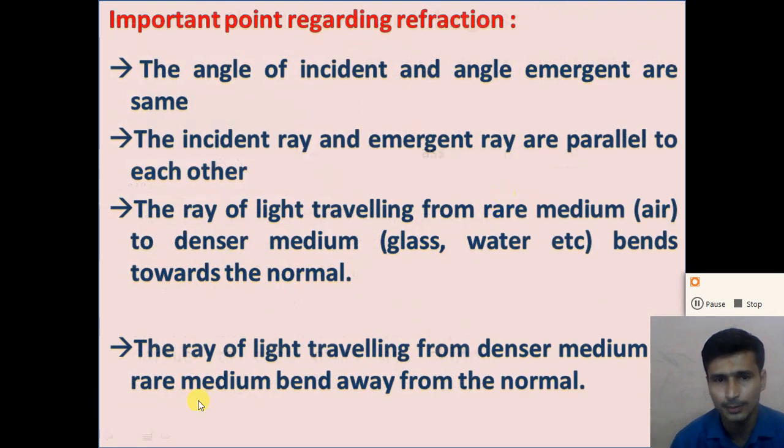And another point is that when the ray of light travels from the dense medium like glass, water, to the air medium, the rare medium, right, the ray of light bends away from the normal. Understand these two points. These two points are very important for refraction. When the ray of light travels from rare medium to dense medium, it bends towards the normal, and when it passes from dense medium to rare medium, it bends away from the normal, right?